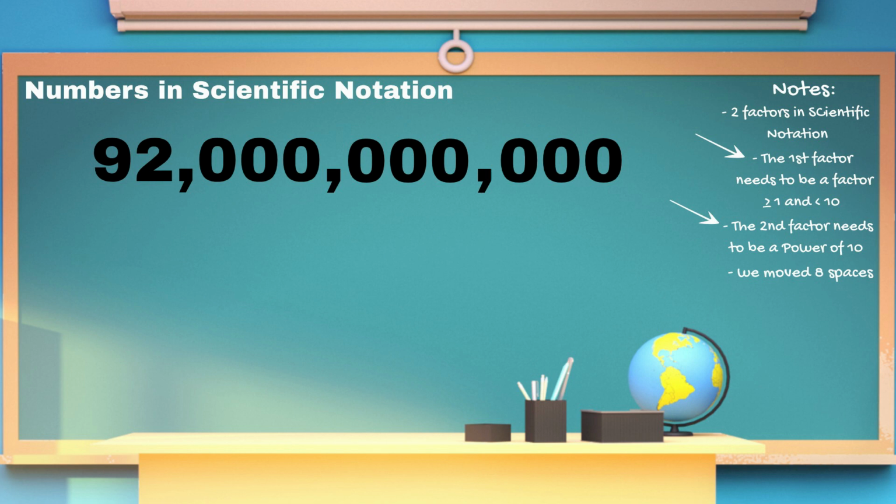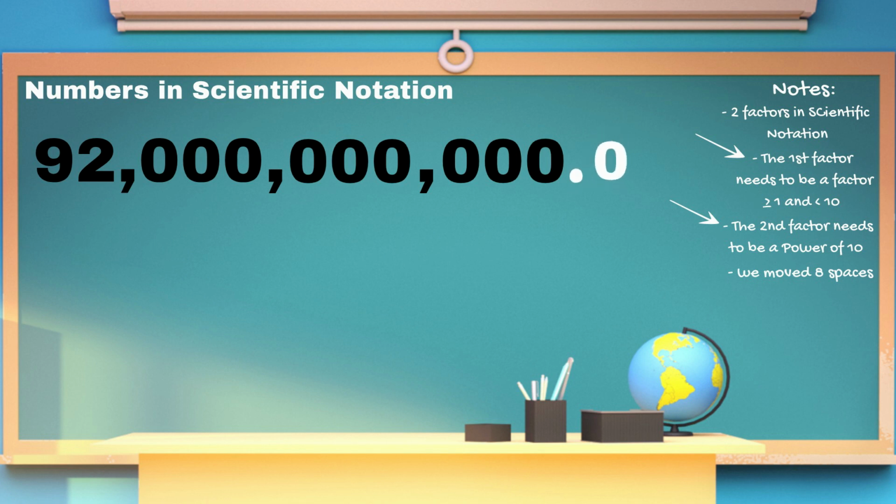So we have to think, where can I move this decimal to make this large number a number between 1 and 10? Well, because this is a whole number, the decimal's really at the end of the number. Where can we place this decimal so it's a number between 1 and 10?